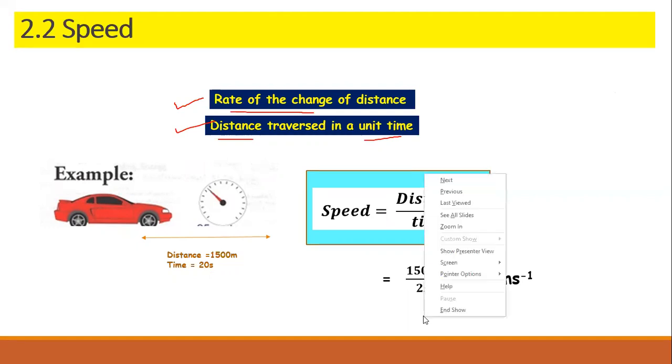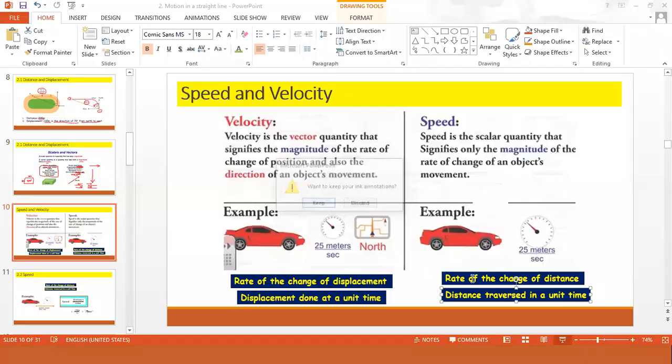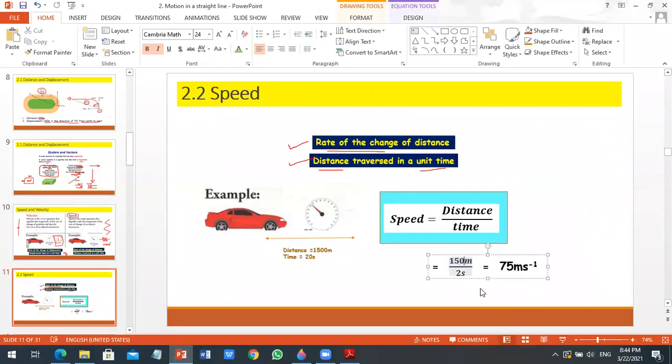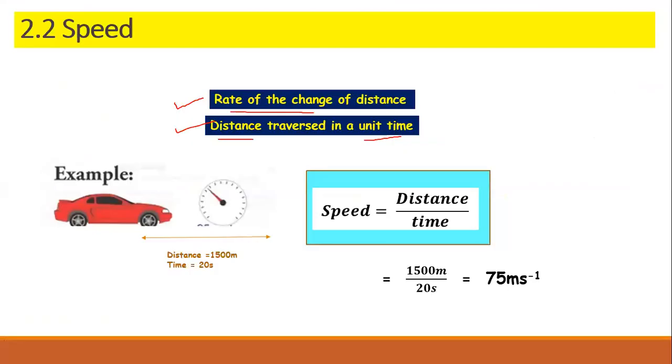So 1,500 divided by 20 seconds, our answer is 75 meters per second.